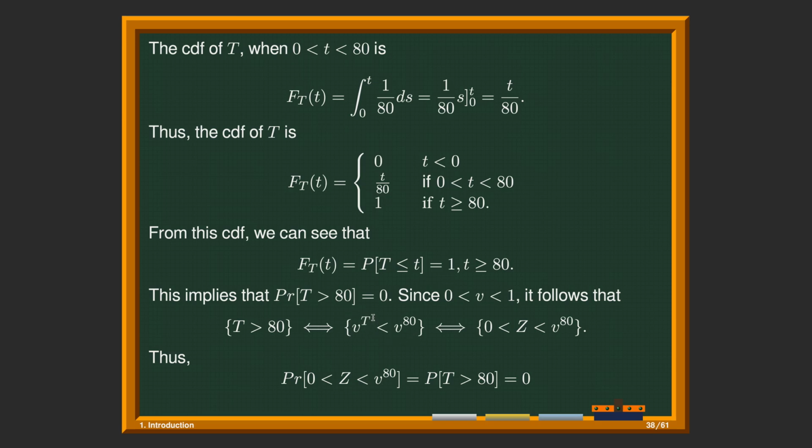But then we know that V to the t is Z. So this event here is actually the same as this event. So these two events are equivalent, so the probability associated with them would be the same. So the probability that Z is between 0 and V to the 80 is going to be equal to the probability that t is greater than 80, and we know that that is 0. So the probability that Z is between 0 and V to the 80 is going to be 0.